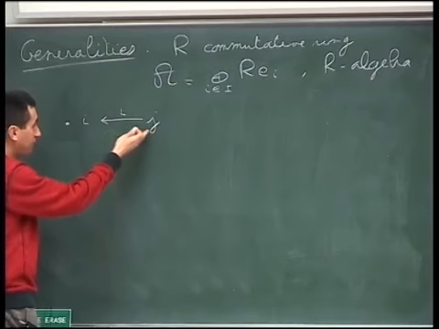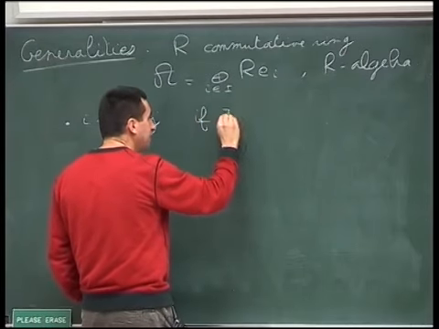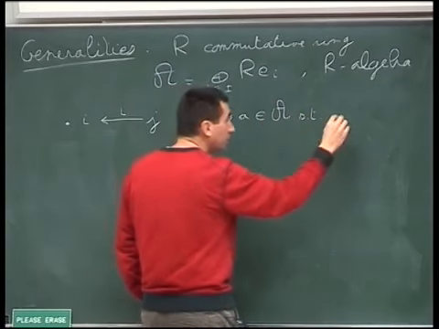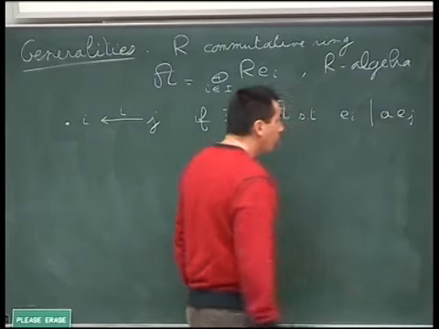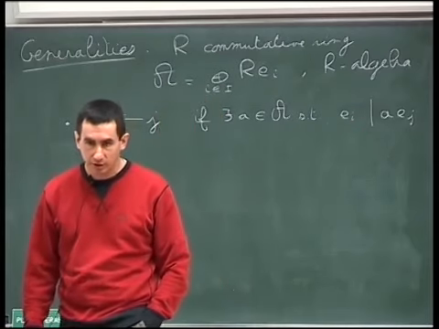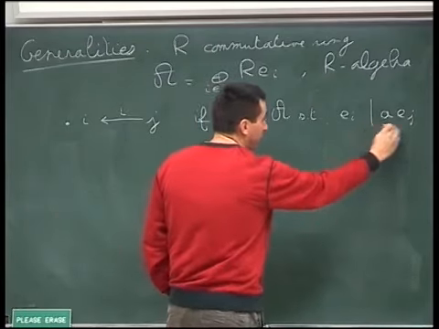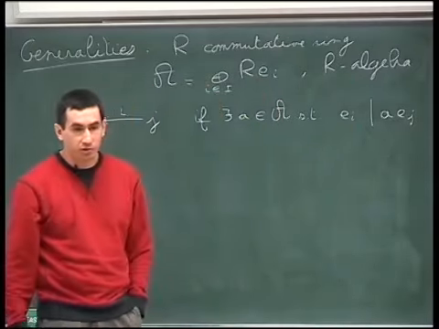I is left related to J if there exists some a in A such that e_I occurs in the decomposition of the multiplication of a by e_J. When you write this in this basis, it means that there is a non-zero coefficient on e_I.